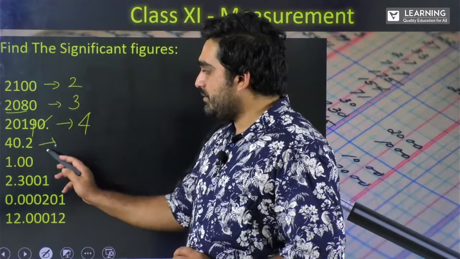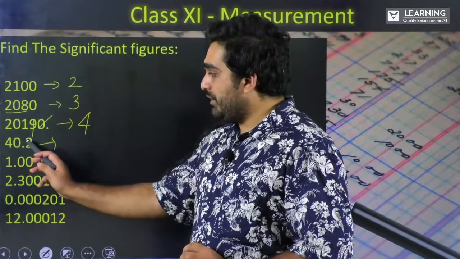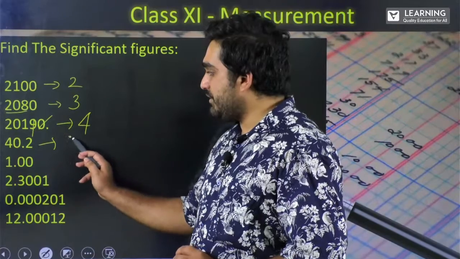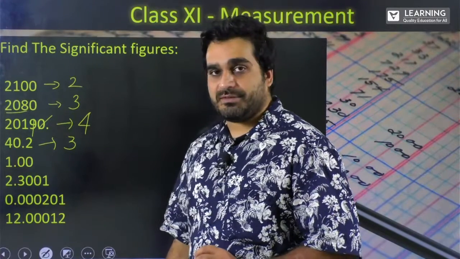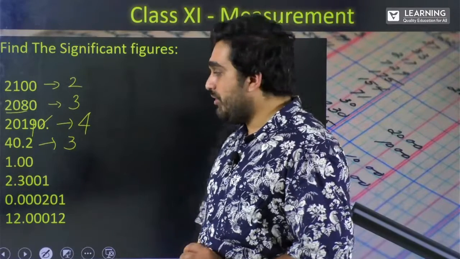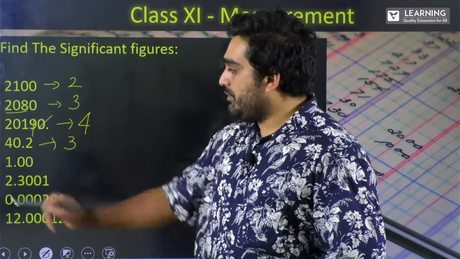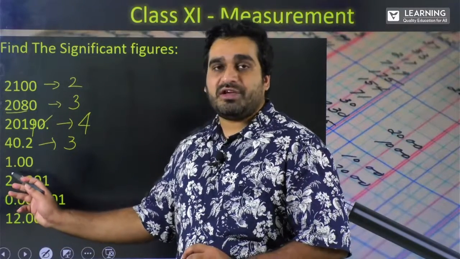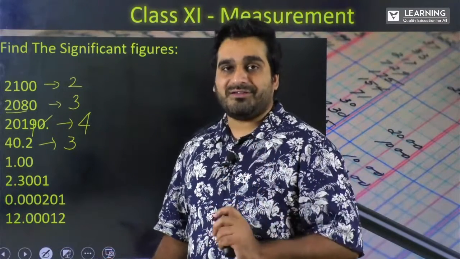How about this? 40.2. There are 3 significant figures in this particular example. 0 is in between 2 non-zero numbers. How about this one? You may think that it should be only 1 because you have trailing zeros. You're wrong.